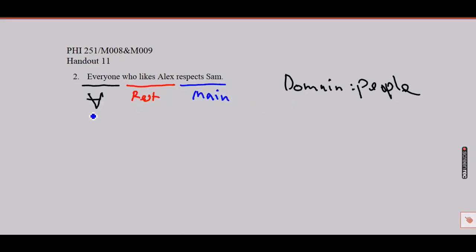That is our main. Now, when you have a universal, remember that restrictor and main are going to be connected through an arrow. So here is how we do the symbolization. We say for all x in the domain of people, and the restrictor goes first. The restrictor is that x likes Alex, right? So let's use L for like. X likes Alex. Use A for Alex. Then we connect this to the main predicate.